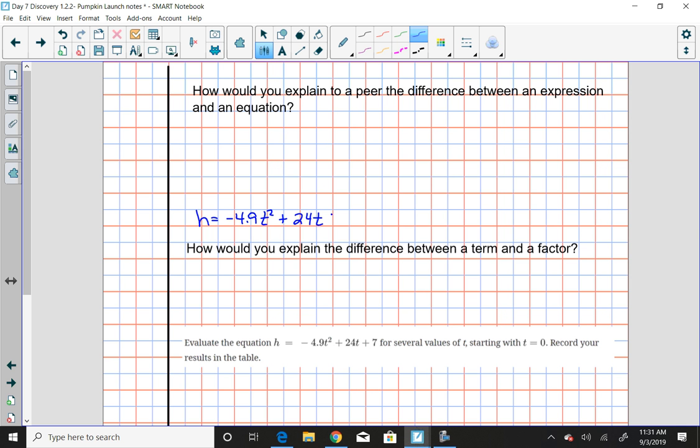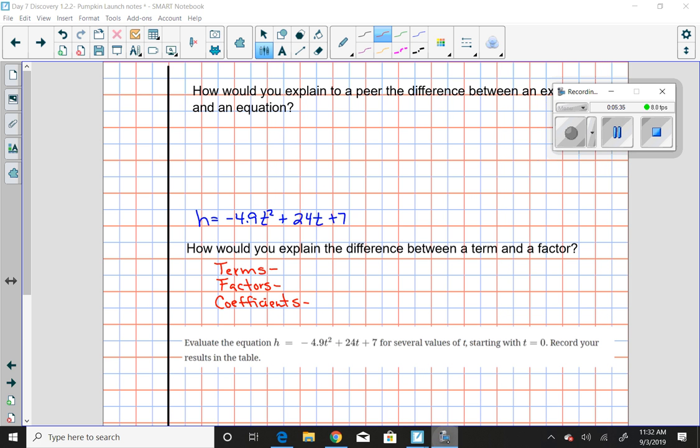I would like you to tell me, what are the terms in that equation? What are the factors in that equation? And what are the coefficients in that equation? I'm going to give you a few minutes. Go ahead and press pause. And when you're ready, let's see what the answers are.